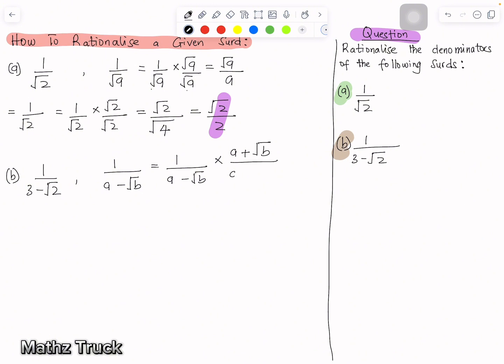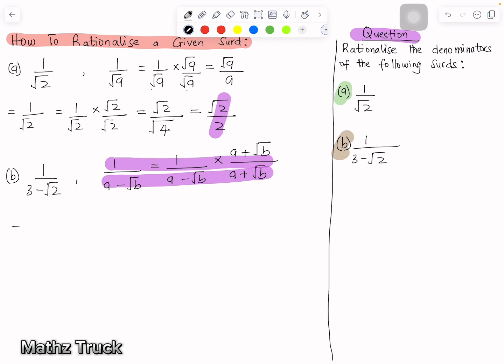If you follow this principle, it will be very easy for you to solve questions of that nature. So now let's use the principle to solve the question here.